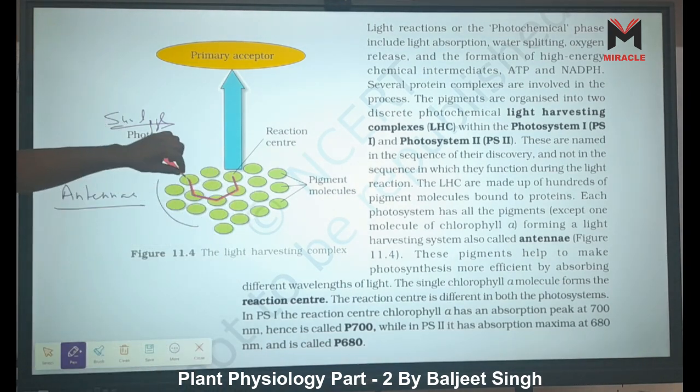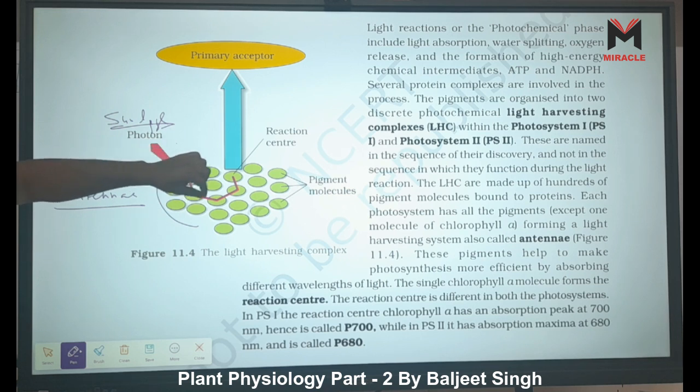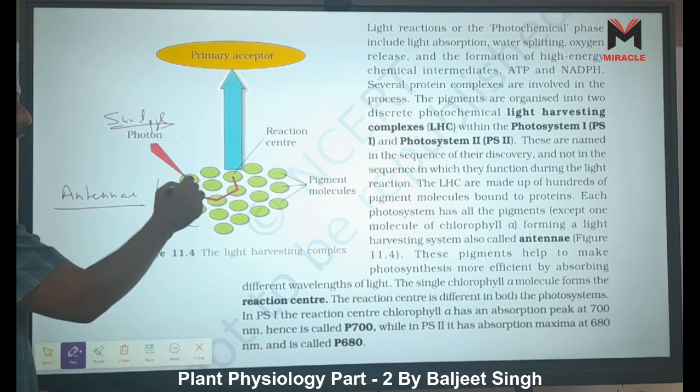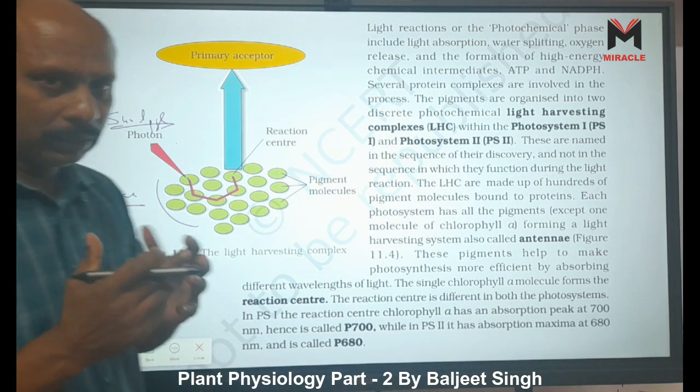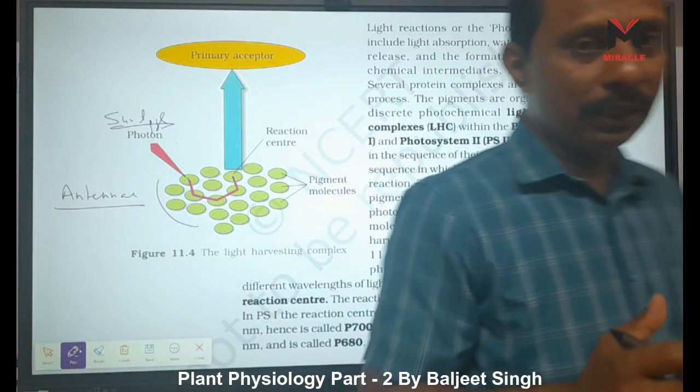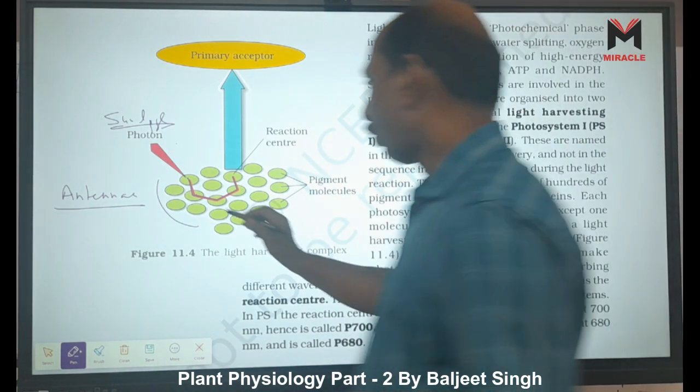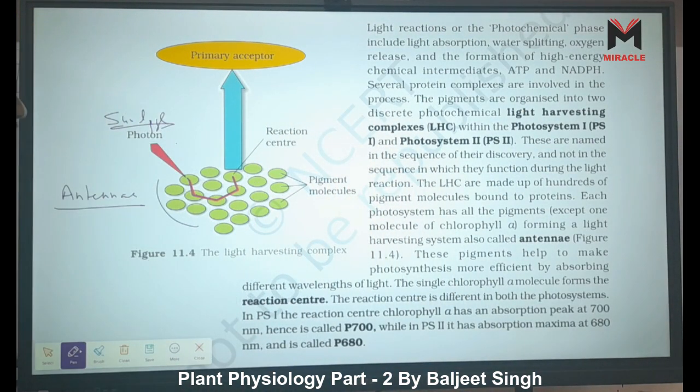What happens when the light is passed from one pigment to another, from antenna, partially antenna, then to core particles, and then to the reaction center? When it is passed from one to another, some light energy is spent. Then after some time, optimum light reaches the reaction center.